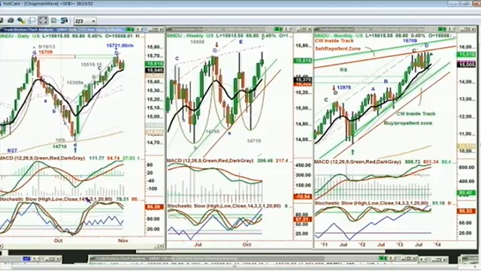But the bottom one is called the stochastic, the slow stochastic. And that one, the red line, is holding at 86%, which is good. I love 80%, but the green line is moving down. So there's a bit of a divergence. Let's keep that in mind, and also let's look at that black line there, which is the 9-period exponential moving average.